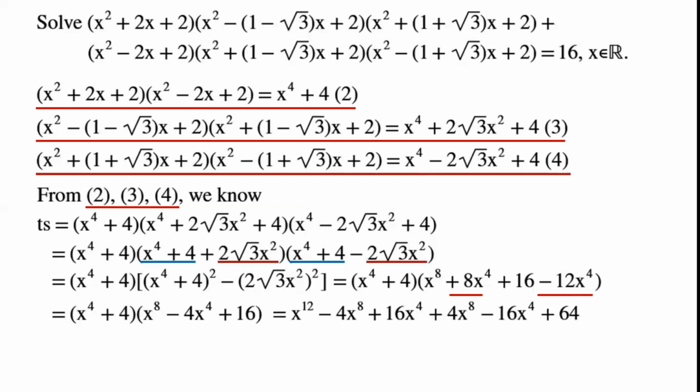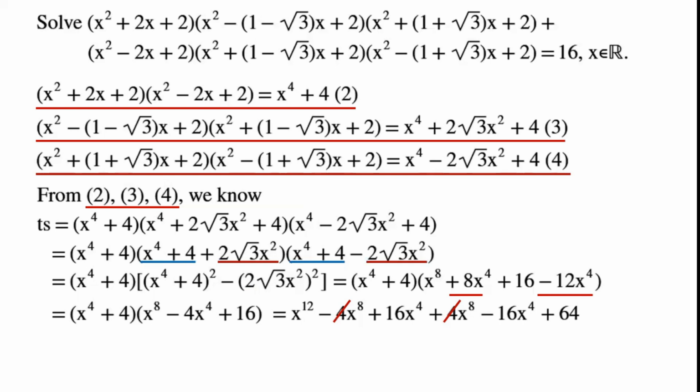So TS equals x to the power of 12 minus 4x to the power of 8 plus 16x to the power of 4 plus 4x to the power of 8 minus 16x to the power of 4 plus 64.